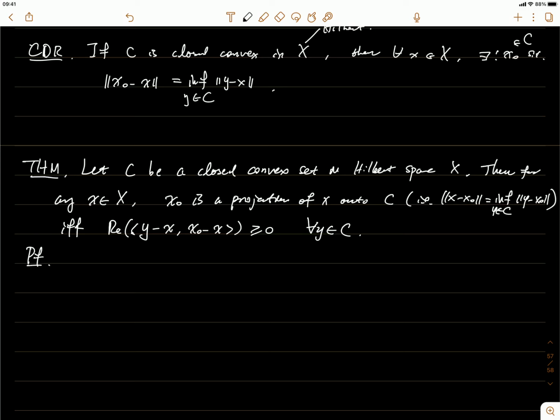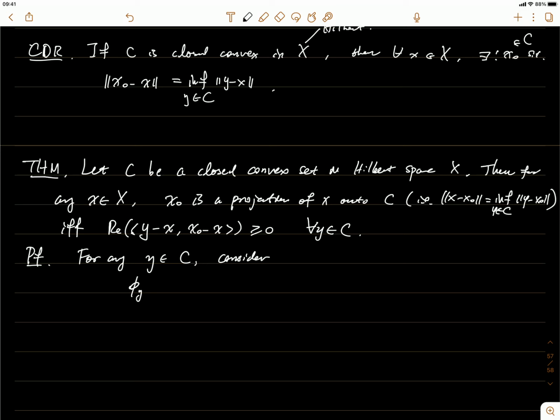Okay, so let's show why this is the case. For any y in C, let's consider this function phi y.